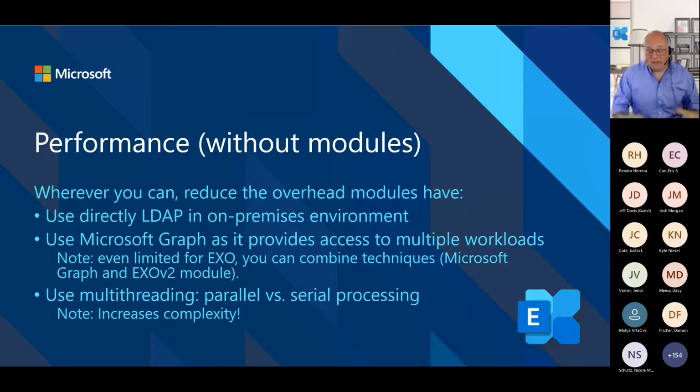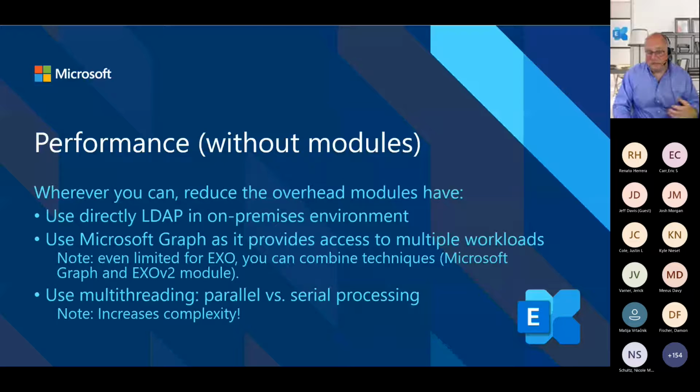So, as mentioned before, performance is a huge driver, and I see this every day. If I do a comparison, for instance, if we want to look into some discrepancy between on-prem and Exchange Online if you're in a hybrid, or what is in Azure AD or in one of the other workloads, you can use multiple protocols and techniques.